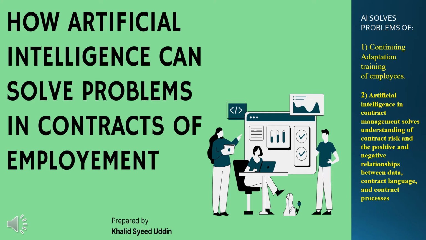The idea behind AI in contract management is to enable contract professionals to focus on strategizing and making informed decisions with an enhanced understanding of contract risk and the positive and negative relationship between data, contract language, and contract processes. This is how AI helps in making contracts of employment.